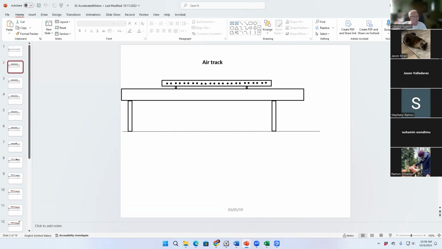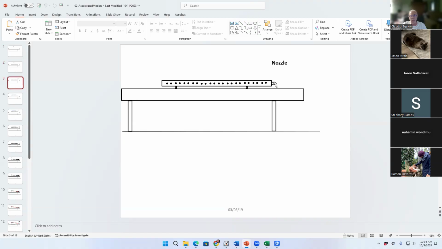This air track is a 2-meter long track made of aluminum. It's hollow on the inside and full of holes along its length. There's a reason why it's hollow and why we have all those holes, and they're going to become apparent very soon.